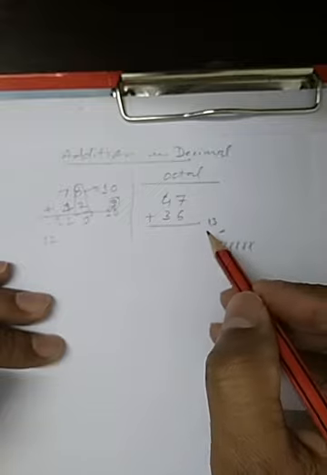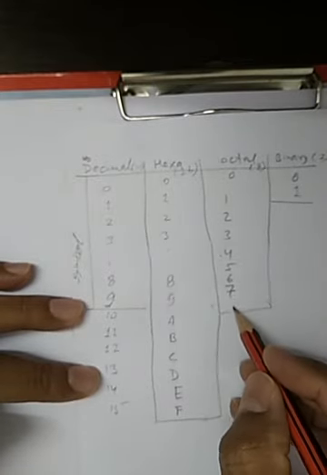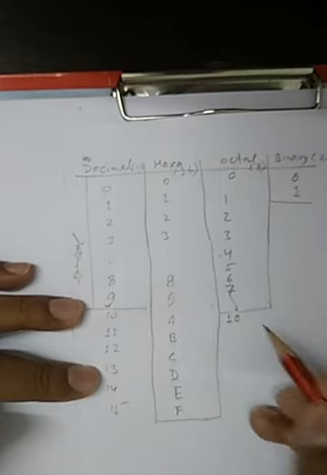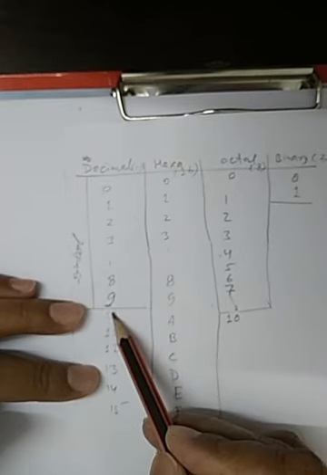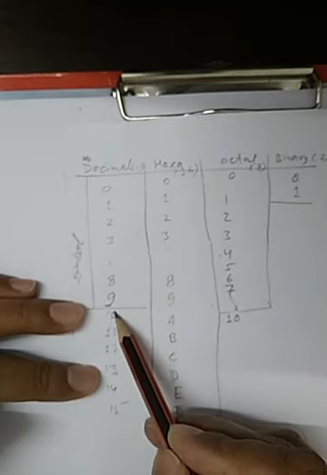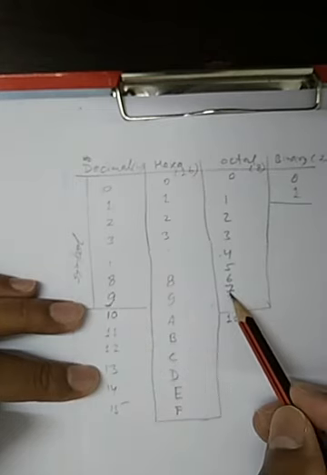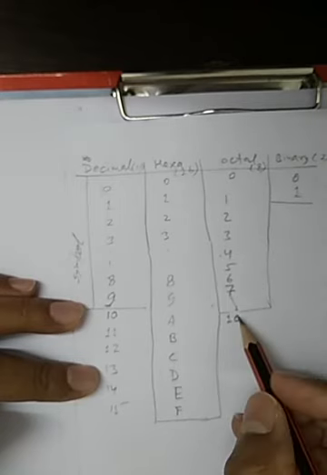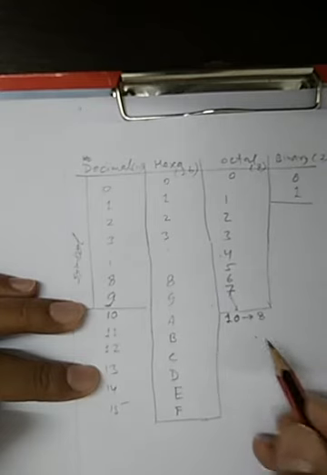So how to write 13 in octal number system? Let us try to understand it. Up to 7 the things are okay. After this there will be a carry out of this symbol. We have seen after 9 what was happening: after the maximum symbol that particular symbol was becoming 0 and then 1 carry was generated. Similarly, after maximum symbol 7, I am keeping it 0 and making 1 carry out of it. So this means it is the value of 8.